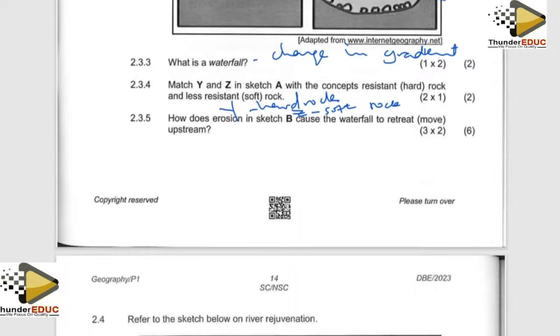We continue. How does erosion at B cause the waterfall to retreat or move upstream?